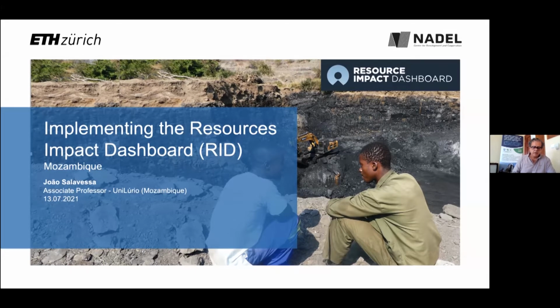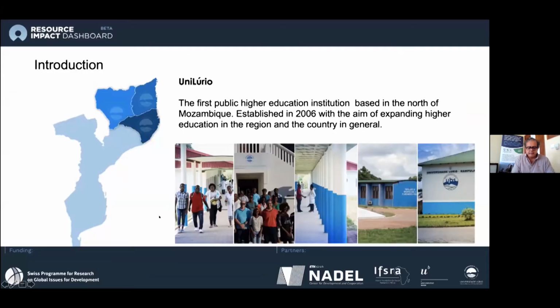Universidade Lurio is a public technical university established in 2006 and serving the northern provinces of Mozambique, with campuses in Nampula, Niassa, and Cabo Delgado provinces. These three provinces share together around 30% of the country's population and are the less developed and the ones with the highest multidimensional poverty indexes, despite their high agriculture and natural resources potential.